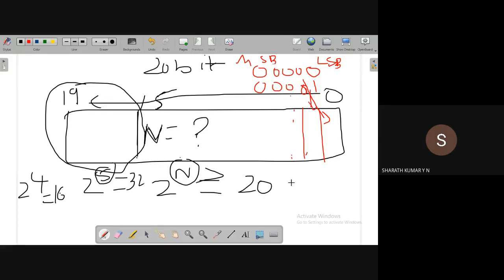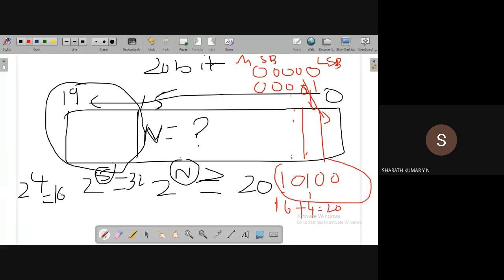Similarly, for 20 locations, the last address should be, what is 20, guys? The MSB is 16. 2 power 4 is 16, and 2 power 2 is 4. 16 plus 4 is 20, which is 1, 0, 1, 0, 0.